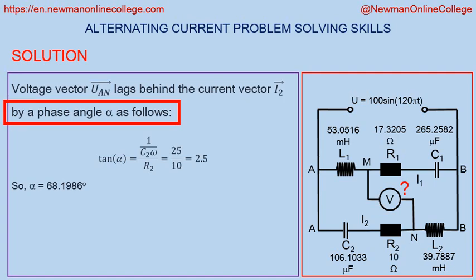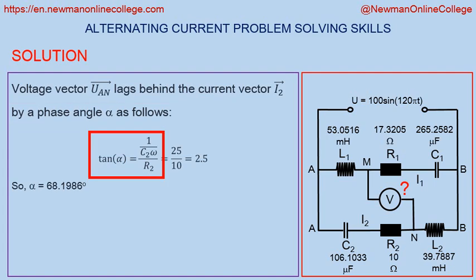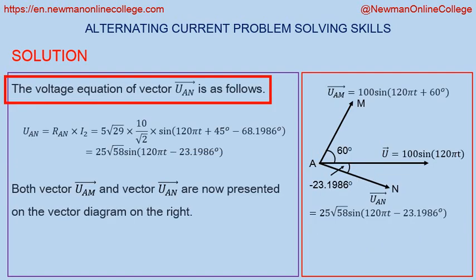Voltage vector U sub an lags behind the current vector I sub 2 by a phase angle alpha as follows. Tangent of alpha equals 1 over C sub 2 omega over R sub 2 equals 25 over 10 equals 2.5. So, alpha equals 68.1986 degree.